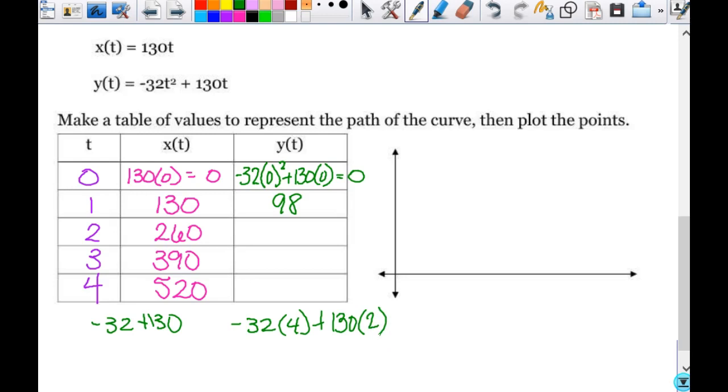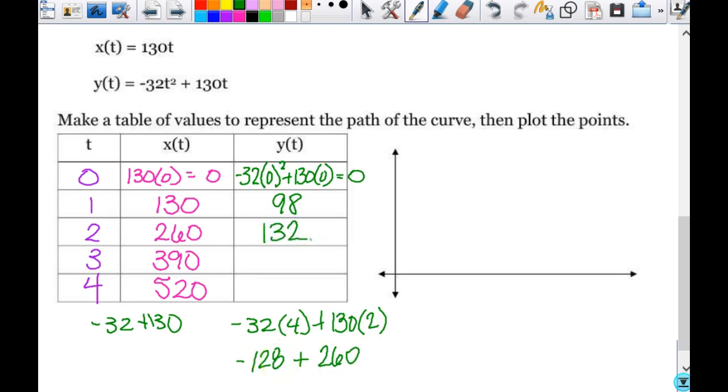Negative 128. Plus 260. What's that going to give me? 132. You take the 260, subtract 100, you got 160, subtract 20, you got 140, subtract 8, you get 132.